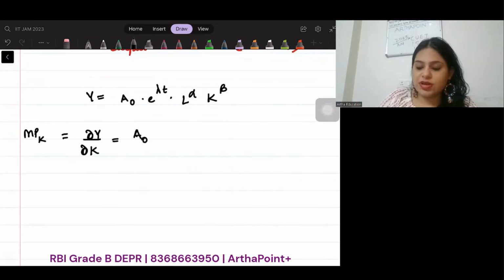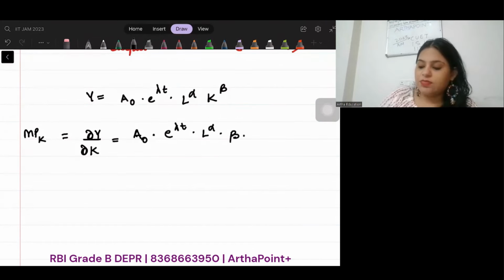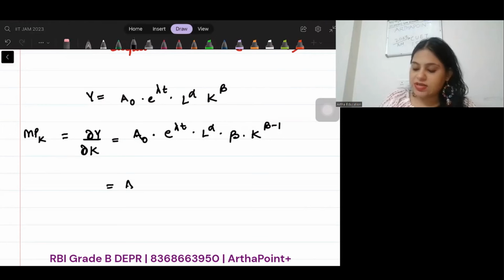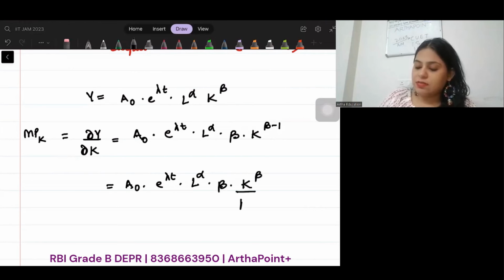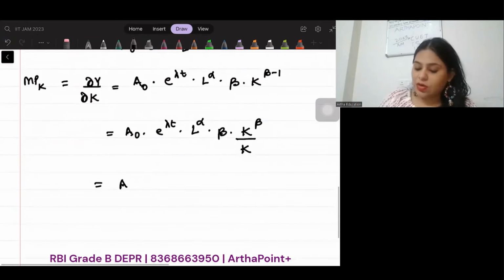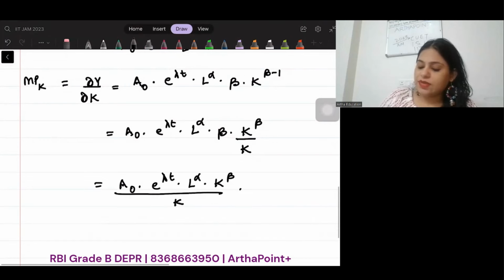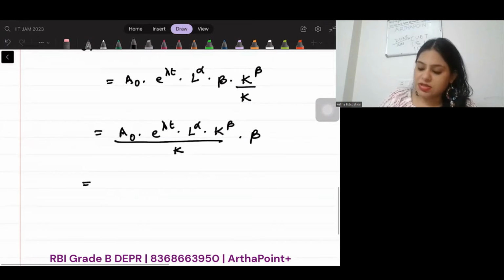If you differentiate, you will get A naught e to the power lambda t L to the power alpha into beta K to the power beta minus 1. I can write this as A naught e to the power lambda t L to the power alpha into beta K to the power beta by K. Rewriting, this is nothing but Y into beta by K.